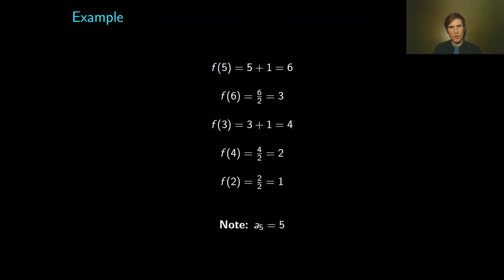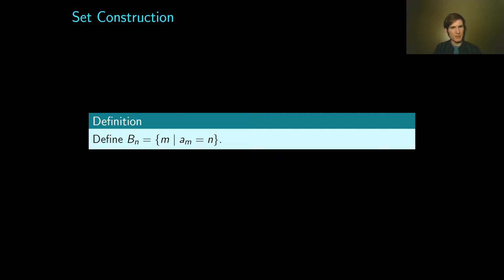However, we need more than just a notation to get one number and its number of steps. We care about the set of numbers with that number of steps. And to that end, we define B_n as the set of all integers m such that a_m equals n. So this is a set containing all integers that take exactly n steps to reach 1.